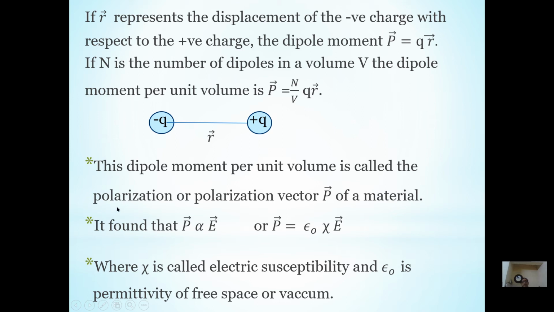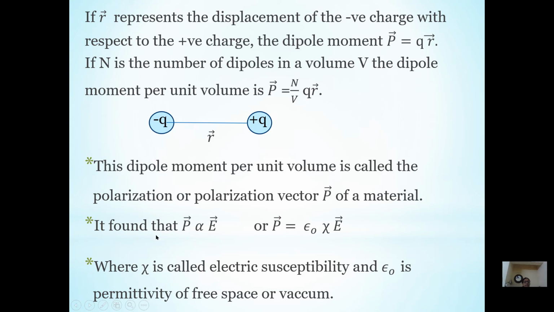It was found that this polarization P is directly proportional to the applied electric field. Why? Because this polarization has occurred due to the applied electric field, the orientation of molecules which took place after the application of electric field.